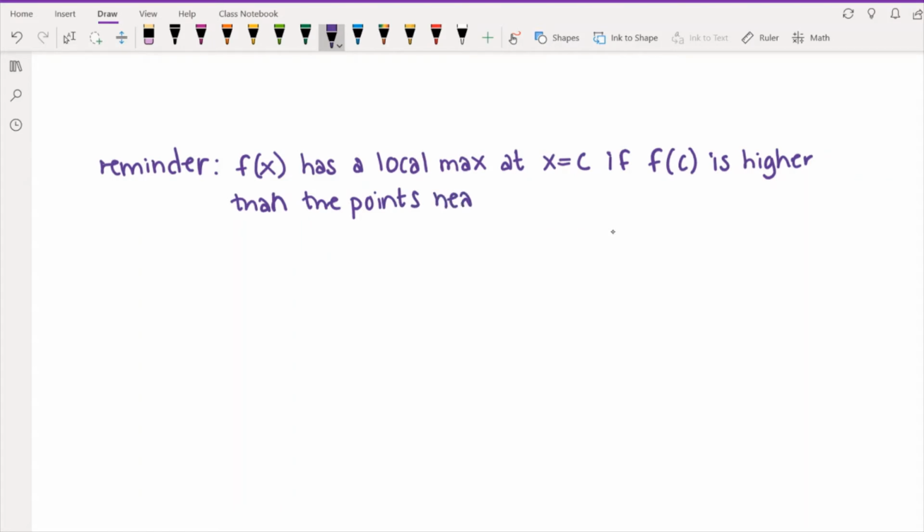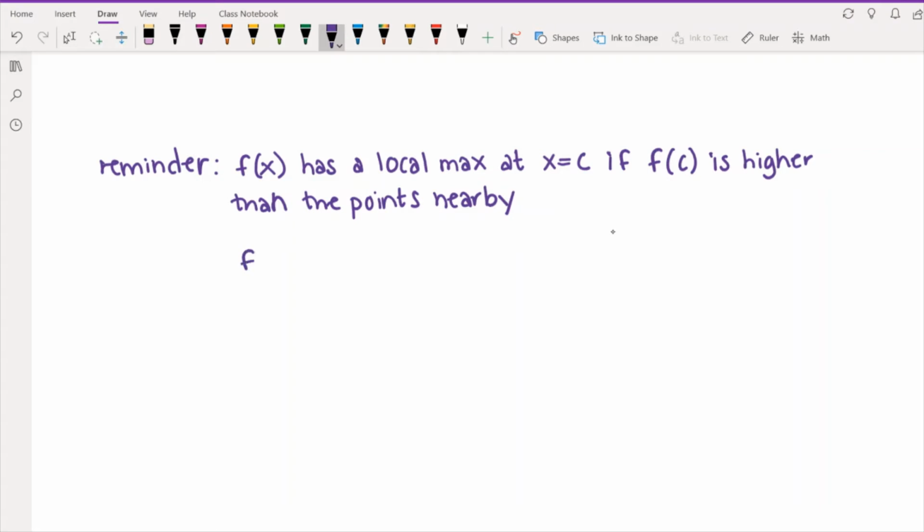I'll just say nearby. So when you have a local max, if you think about what a graph looks like, it's like a peak or a hill in your graph. And so that basically means that you're achieving a y value that is higher than the other y values around it. It doesn't have to be the very highest, but it's higher than the ones nearby.